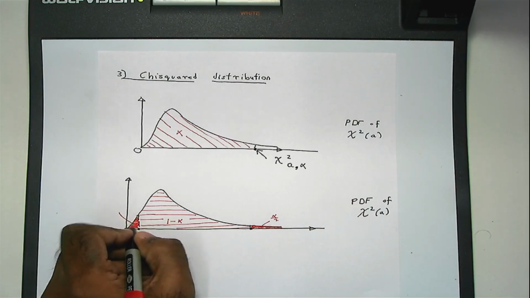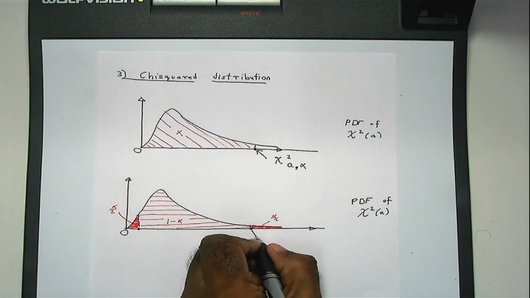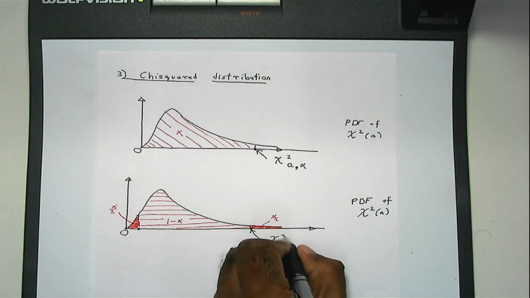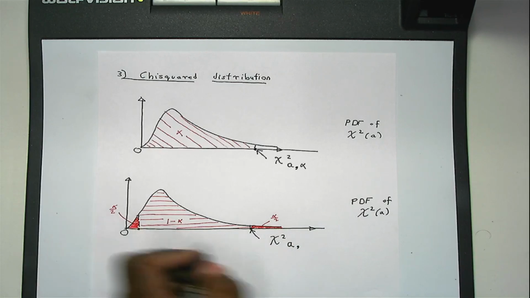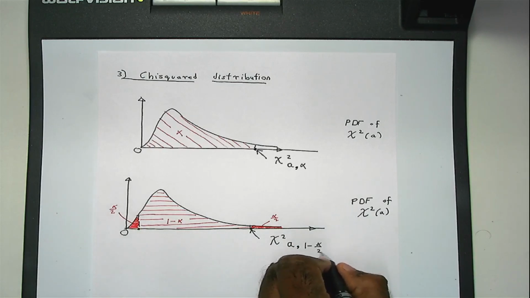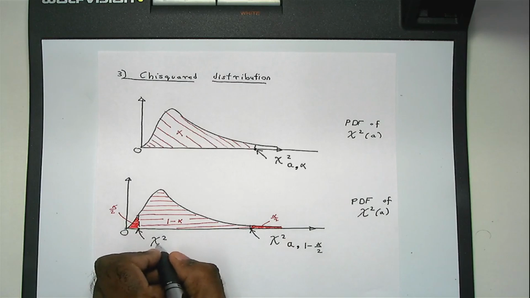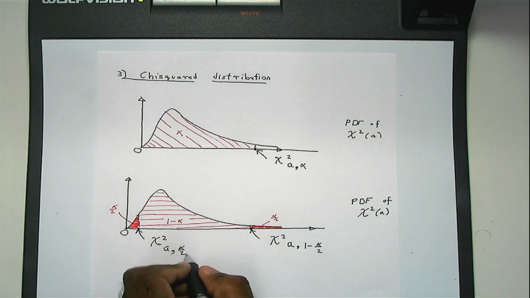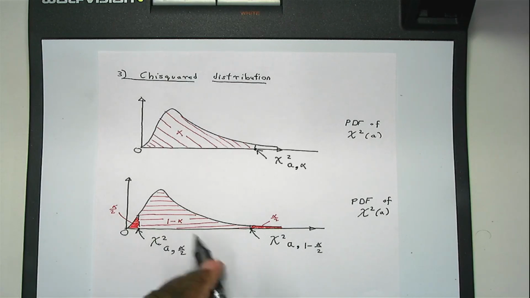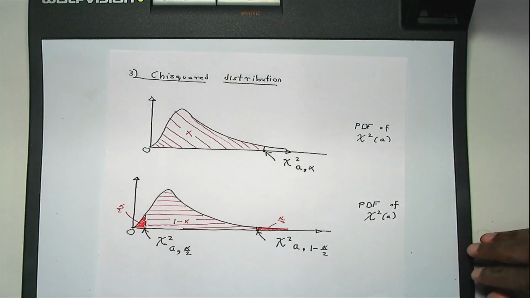In this case, this point here will be chi-squared with a degrees of freedom, and the area to the left is this plus this, which is 1 minus alpha by 2. And this point here will be chi-squared with a degrees of freedom, and the area to the left is alpha by 2. Now, because chi-squared is not a symmetric PDF, these are not equal.